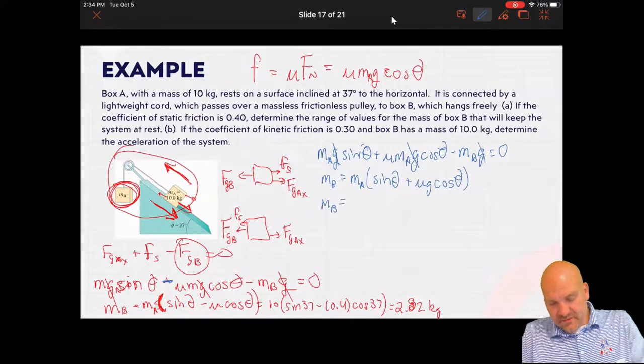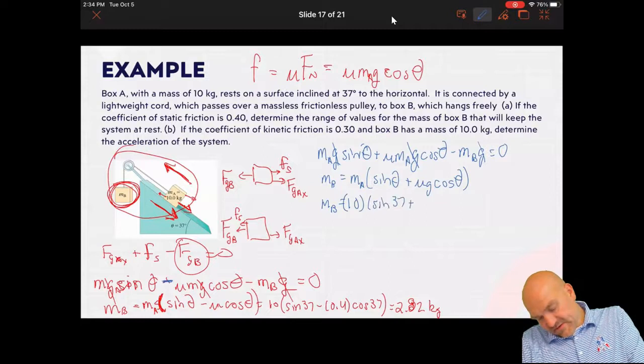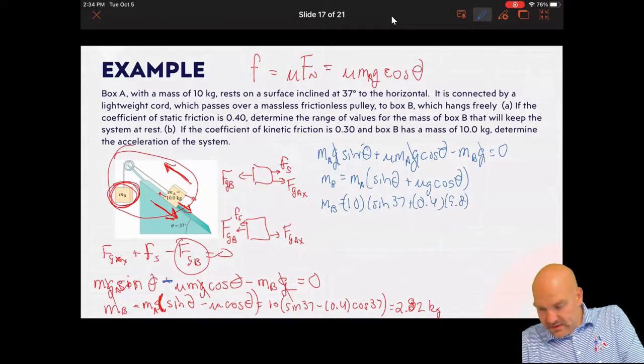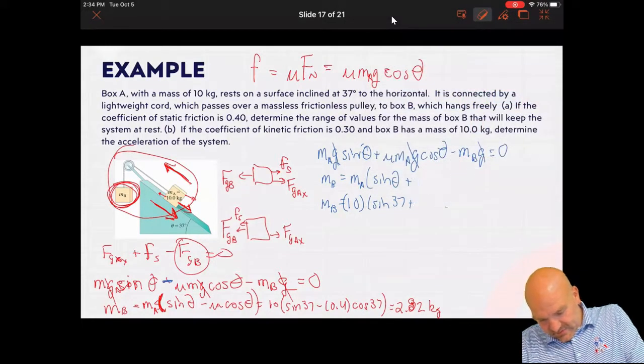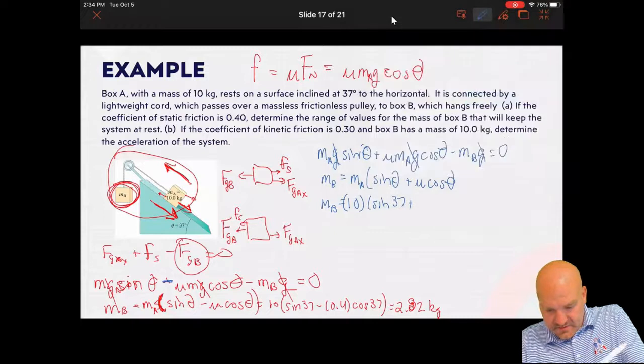And so it's going to be m_B equals 10 times sine 37 plus 0.4 times 9.8 times, oh sorry, I canceled out the g's. I don't know why I kept that one in there. So let me just make it look nicer for you. It'd be mu cosine theta, right? Sorry, making a lot of mistakes in this video.